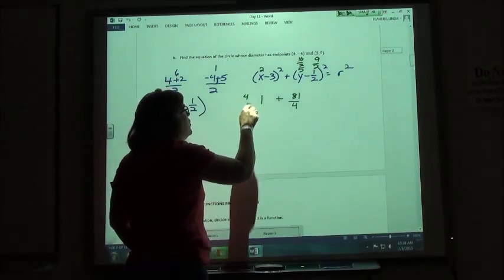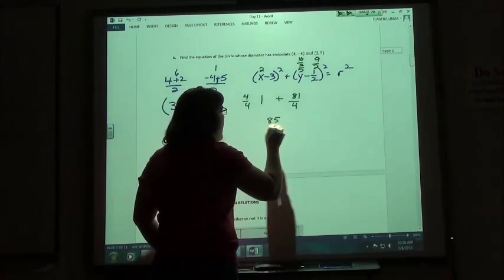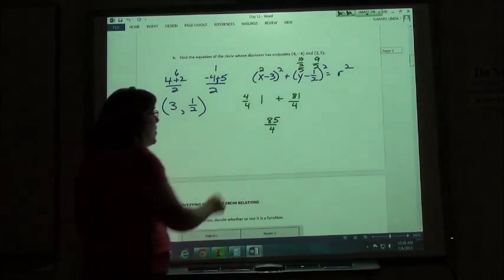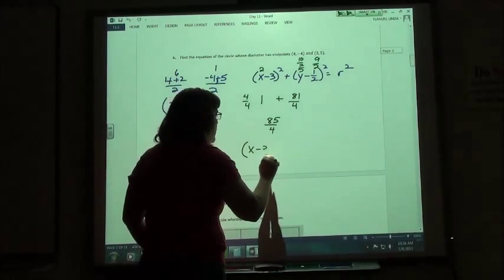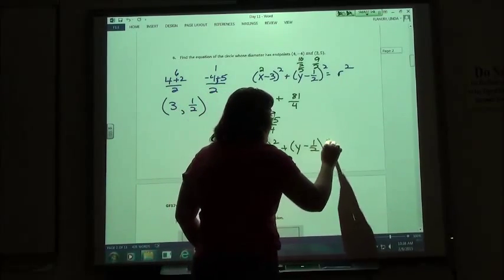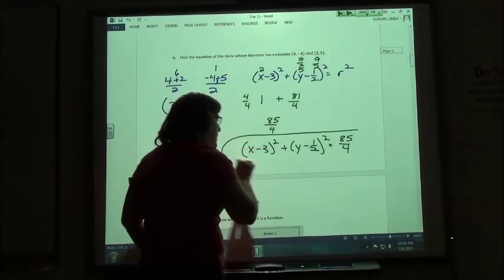So I'm going to have to do 4 fourths plus 81 over 4, which is 85 fourths for my radius squared. So my equation, x minus 3 squared plus y minus 1/2 squared equals 85 fourths.